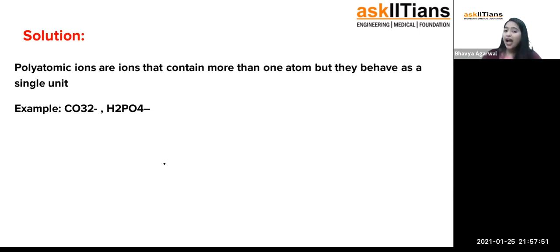Polyatomic ions are the ions that contain more than 1 atom, but they contain a charge as a single unit or a single entity. So in polyatomic ions, there are multiple atoms which are present having a charge acting as a single entity. The charge is the overall charge in the entire molecule.